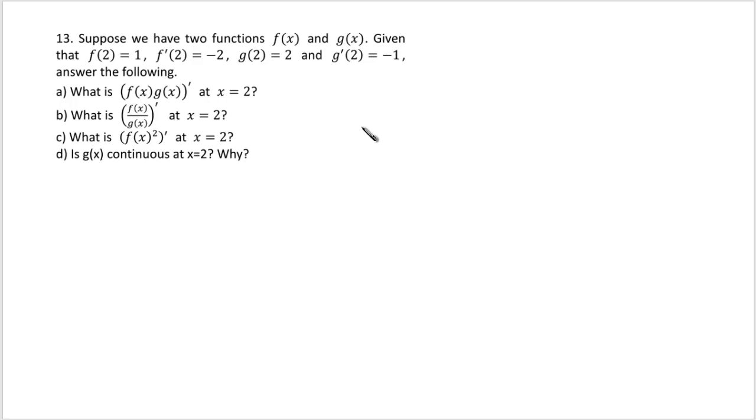Well, this time f(x) is nested inside a square function, right? So when you differentiate this, you need the chain rule. You think of this as a big X squared. X squared differentiates to 2x, right? So you think of it as 2 times big X, but that big X is f of x, right?